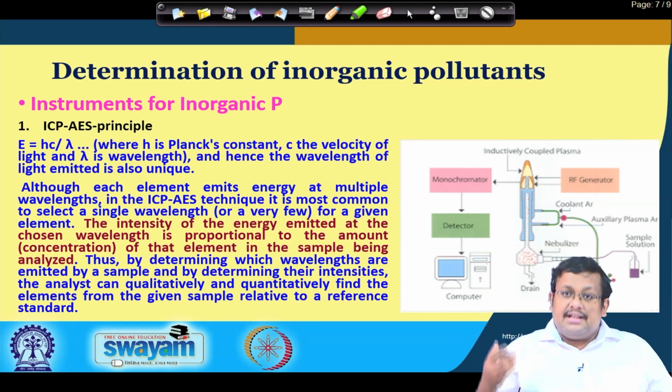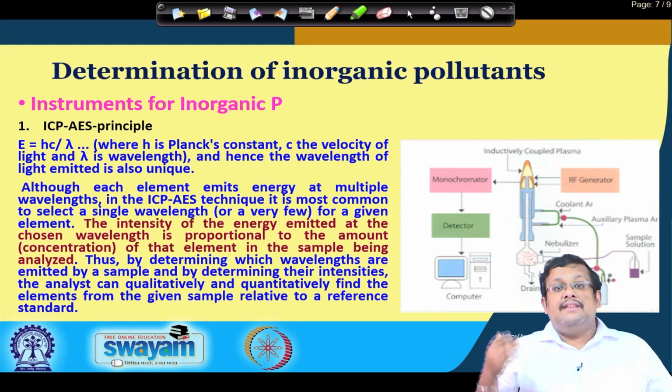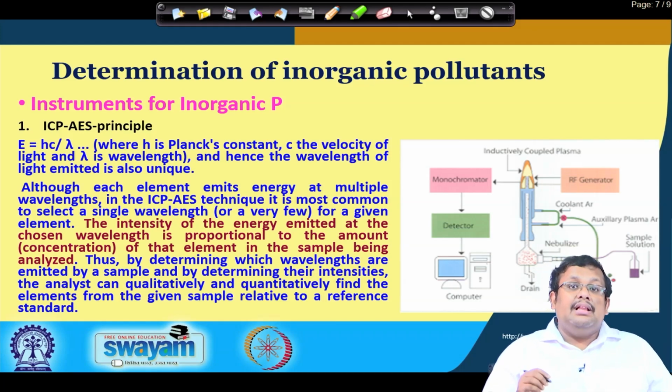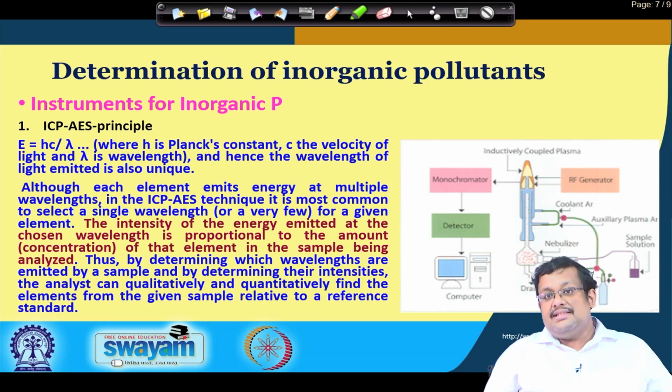So, if there is a high concentration of that particular element in that sample, then the intensity of the energy emitted will be higher. Thus, by determining which wavelengths are emitted by a sample and by determining their intensities, the analyst can quantitatively and qualitatively find the elements from the given sample relative to a reference standard.